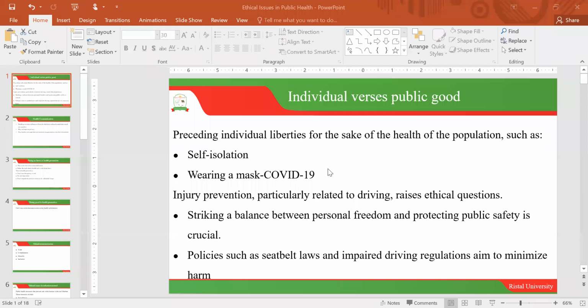But if they do that, they are going to put the community or the population at risk. And usually we have to isolate these cases. The isolation of these cases means that you are actually violating their individual freedoms and liberties, but you're doing that in order to protect the population, especially in conditions that are very contagious and can cause a lot of public disorder.